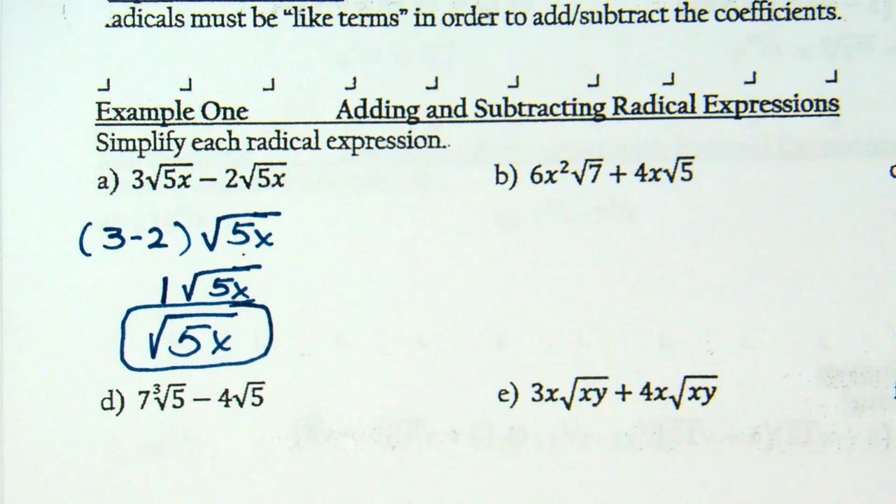Okay. B: 6x squared square root of 7 plus 4x square root of 5. What are your thoughts? Can't do it? Why not?